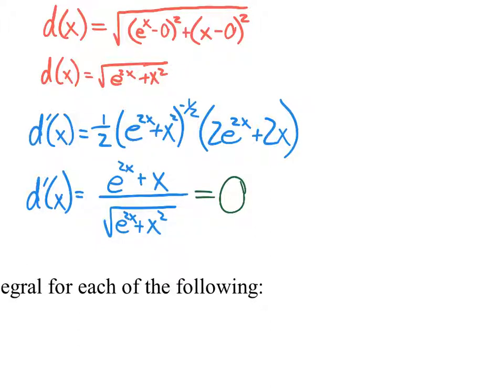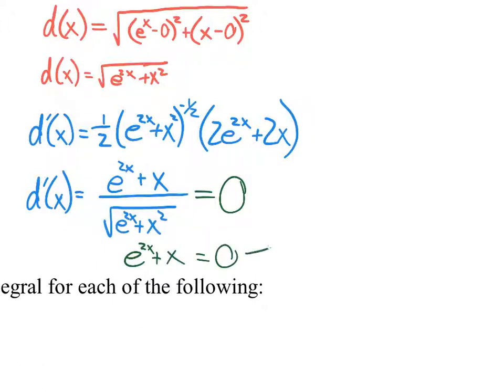So I know the denominator is always going to be greater than 0. Because e to a power is always greater than 0, even if x is 0, I have some positive number that I'm square rooting, and it won't ever equal 0. So really I only have to care about the numerator, e to the 2x plus x.